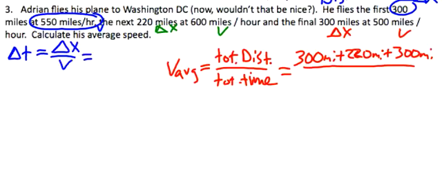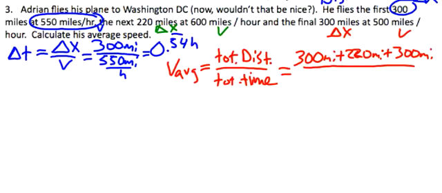So if my distance he covers is 300 miles, and he covers that in 550 miles per hour, then 300 divided by 550 is 0.54 repeating hours, because the miles will cancel, and the hours, since it's on the bottom twice, it flips up to the top. It's like the double negative thing. So I've got one time to put in here now. Let's keep checking.